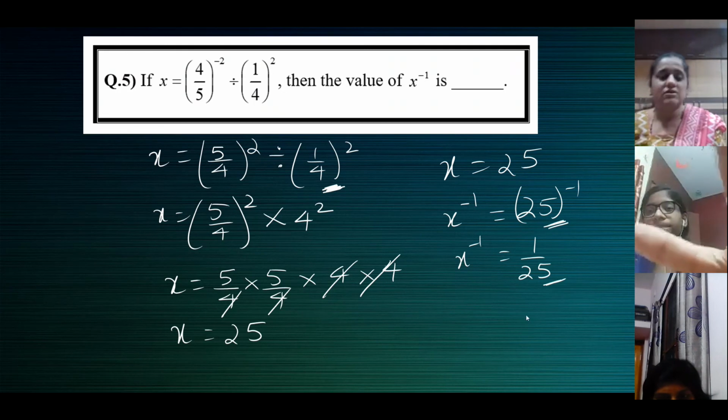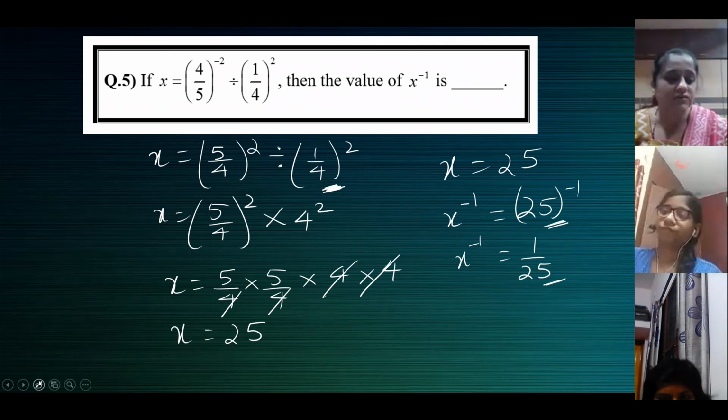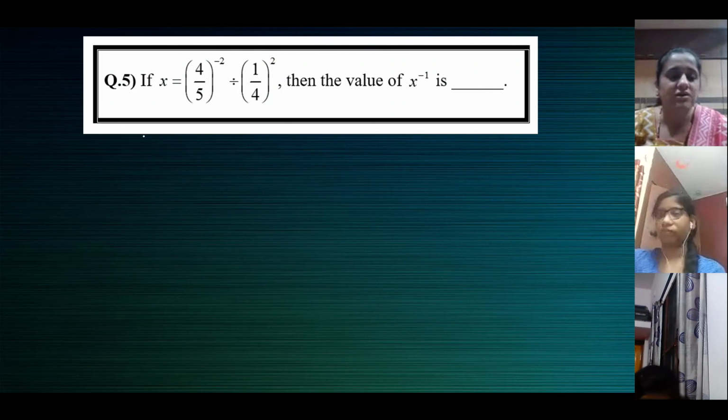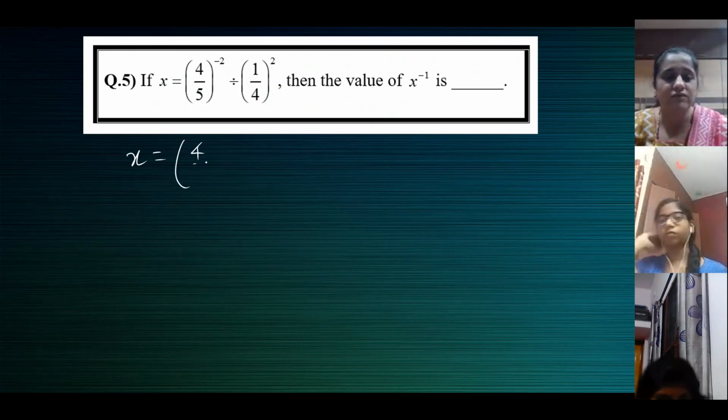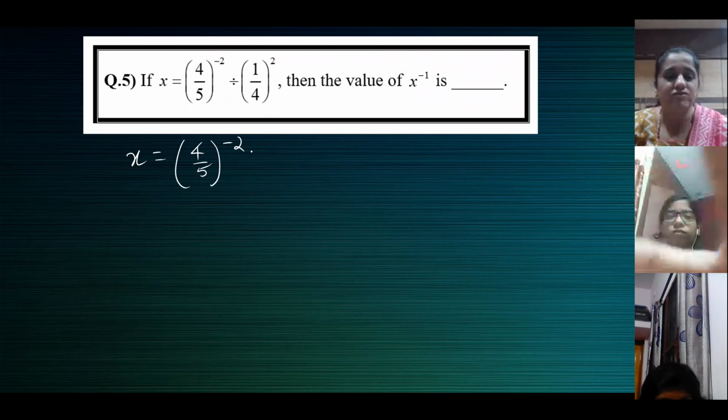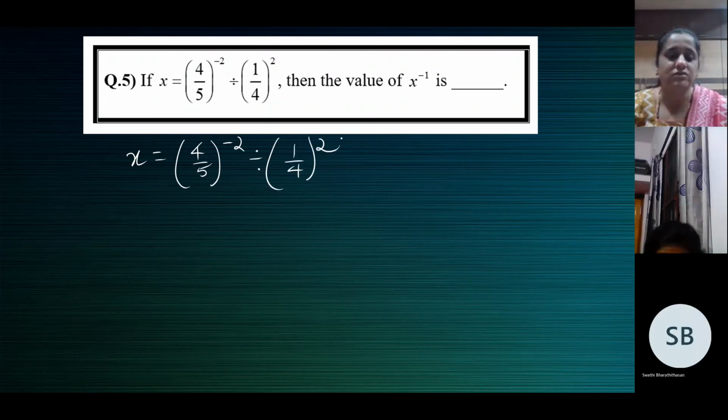Yes, ma'am. We'll work it together again. The same thing. So what first? This is the question: x is equal to 4 by 5, the whole power minus 2, divided by 1 by 4, the whole square. So the first step, as you all said, the power is negative, so let's make it positive.